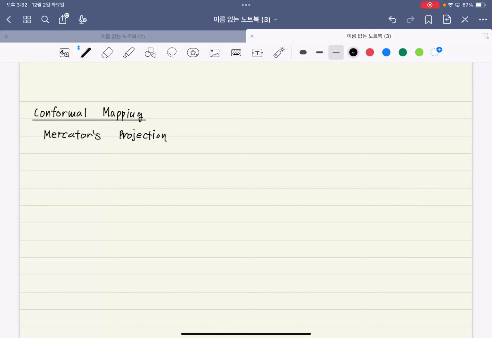And an angle preserving map means, you can easily consider an angle between these two curves. I have a tangent line for here and a tangent line for this one, and suppose that this angle is theta.